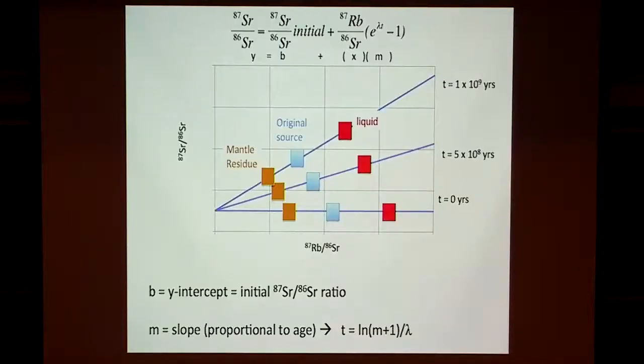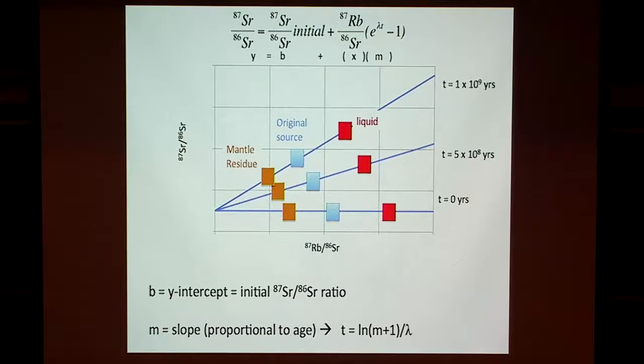Okay, so let's take that y equals b plus xm equation, and let's show this in an isochron diagram, a real simple isochron diagram. So the x-axis is 87 rubidium over 86 strontium, right there. So that's the parent-daughter ratio. And the y-axis is 87 strontium over 86 strontium.